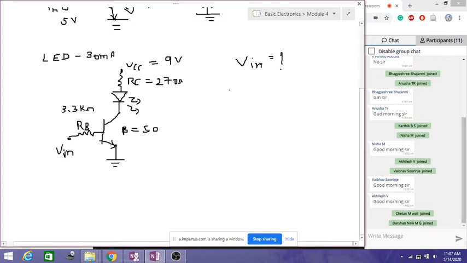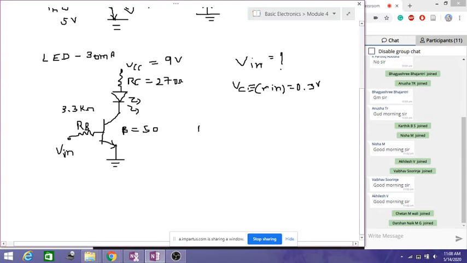It is suggested to use double the IB minimum value to ensure that the transistor is in the saturation region, and we are told to assume that VCE minimum is equal to 0.3 volts.